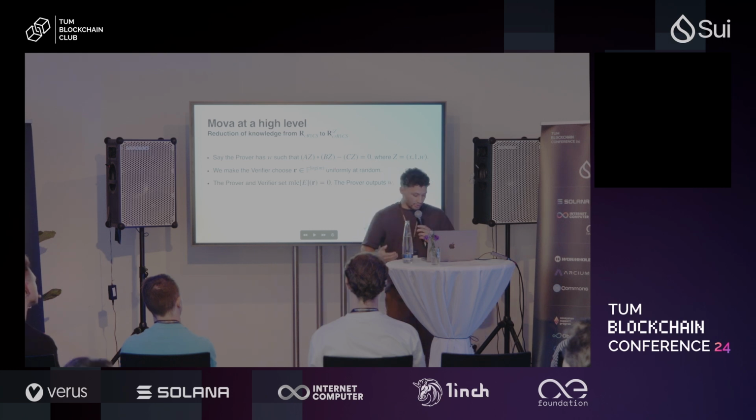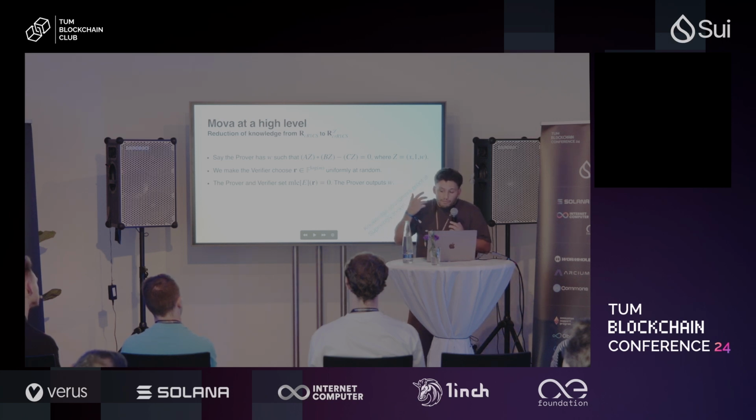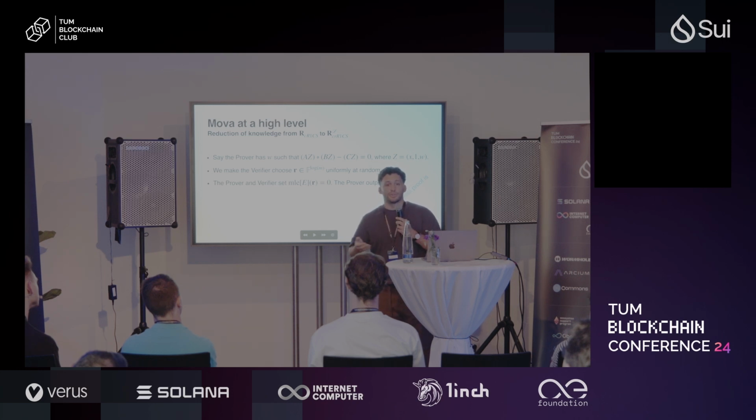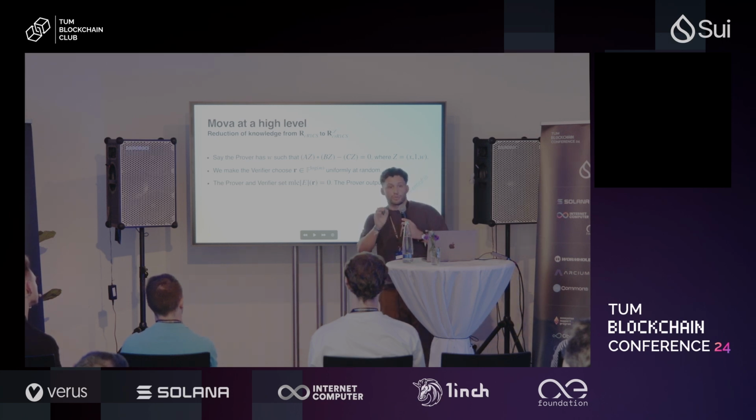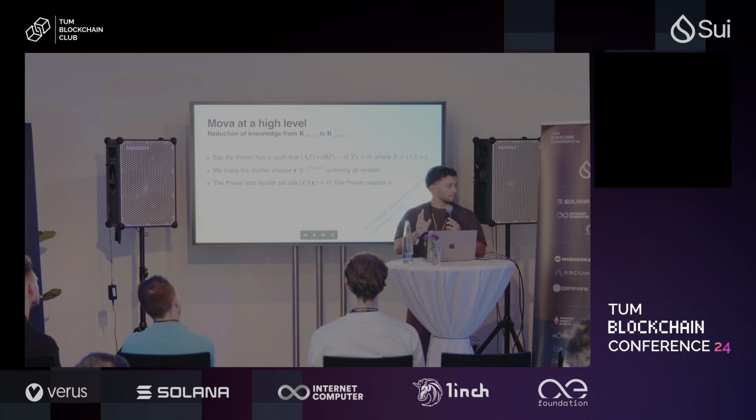So then you say, okay, let's just run the extractor. The extractor runs the interaction once and outputs the error vector, and then maybe we can say that since the verifier chose the challenge point at random, we can use Schwartz-Zippel in a probabilistic way. But you cannot do that either, because the random point was chosen before you extract the error, and so you cannot claim that they are independent.